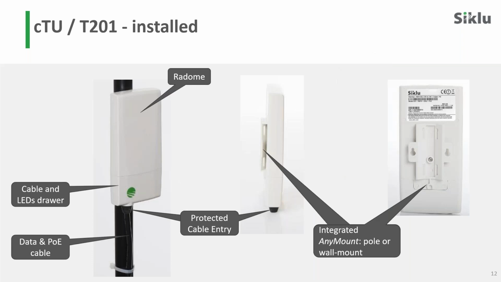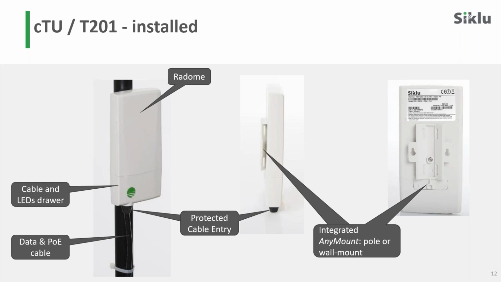So if I move on to how the compact TU looks like, you can see starting from right to left, the back of the unit, the side, and obviously the front on the left. Looking at the back, we can see the any mount, which allows basically installing a compact TU on a pole, as you can see here on the left, but also flat on the wall with just 3 screws.